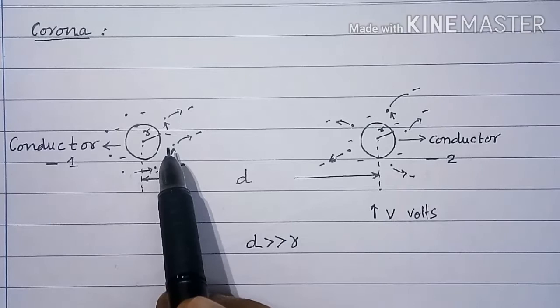That may be transient. And that current flow looks like an arc. And that arc is called flashover.